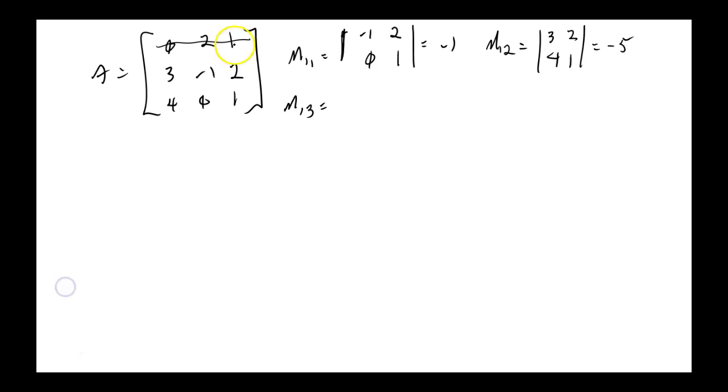M13, okay. And again, we'll wipe out the third column. And what's the minor left over? And what's the value of that? 4. Perfect. Okay. M21. Okay. This is going to be eliminating both of those. And 2, 1.